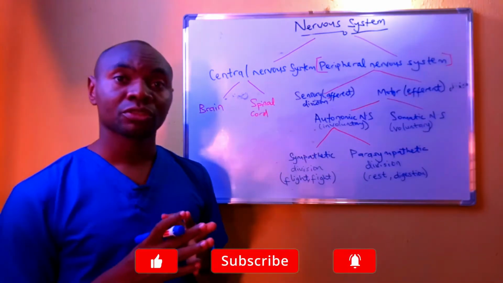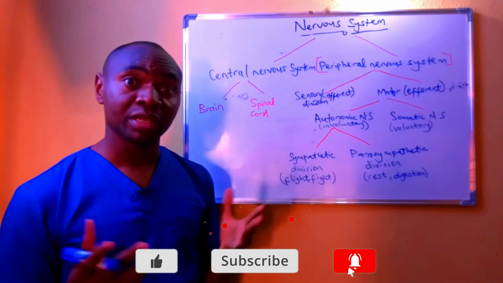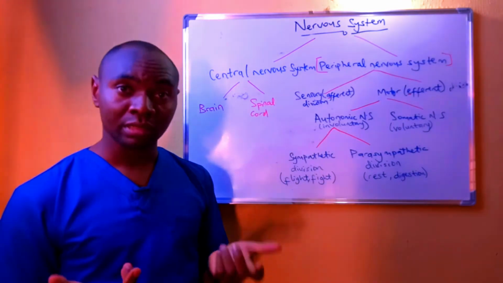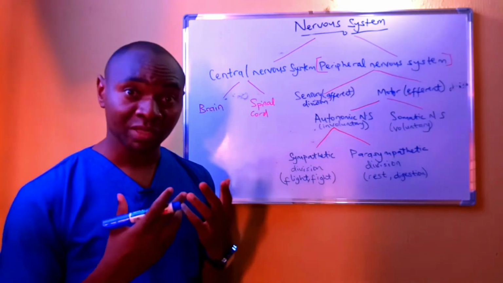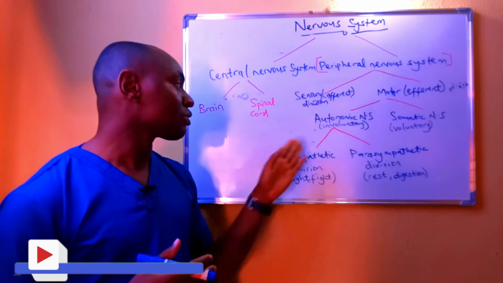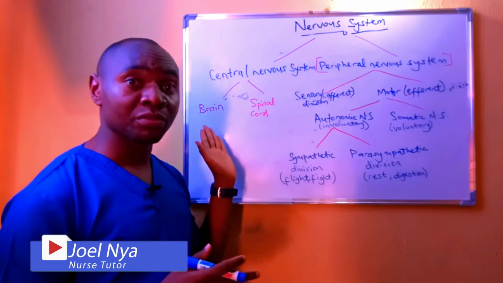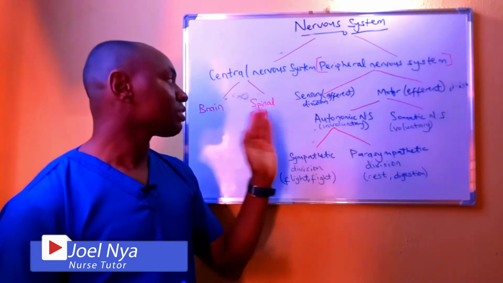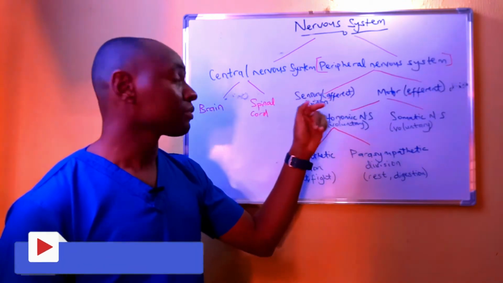The sensory nerves bring in information or impulses from organs like the heart, the stomach, in fact, various parts of the body, and send it to the central nervous system, which is comprised of the brain and the spinal cord. So, the sensory division is also known as the afferent division.